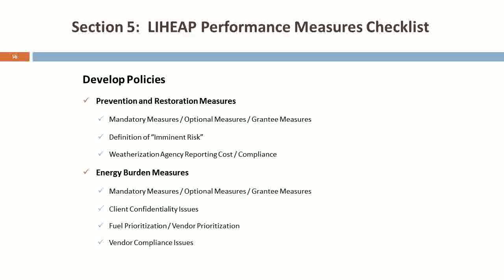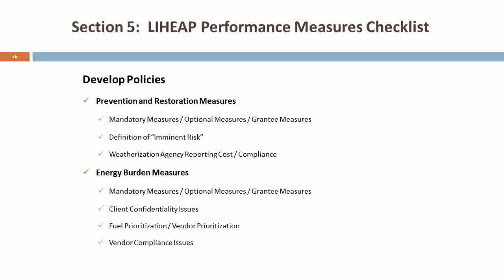As we talked about, defining imminent risk, some of you have definitions that maybe have been sitting in a dusty manual that you might need to take a look at because these performance measures require you to really gauge whether or not a household is at imminent risk for every application, and that might not be work that's been done in the past.